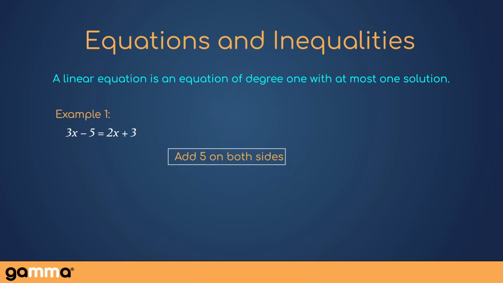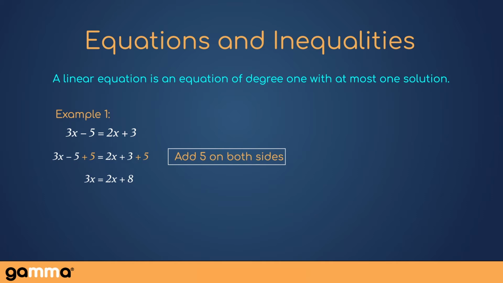So we'll have 3x minus 5 plus 5 is equal to 2x plus 3 plus 5. We add the 5 on both sides to remove the minus 5. So we'll have 3x, and minus 5 plus 5 is 0, so we drop the 5s. That is equal to 2x plus 3 plus 5, which is 8.